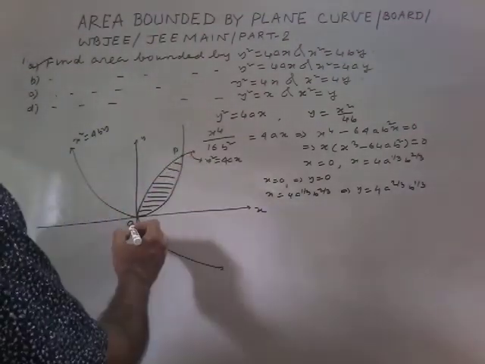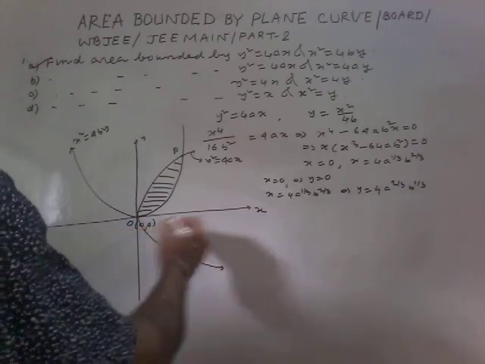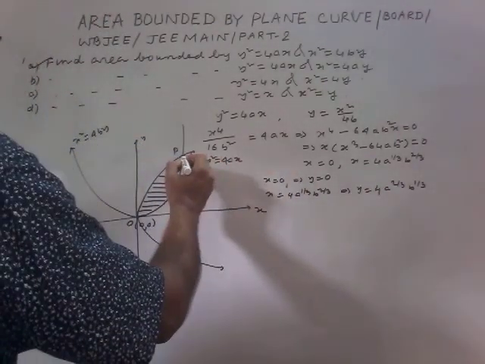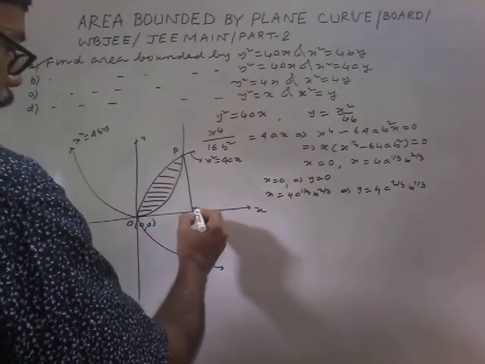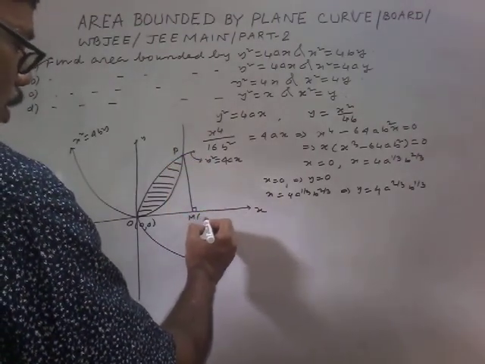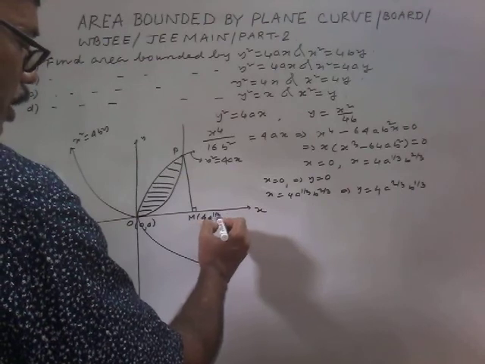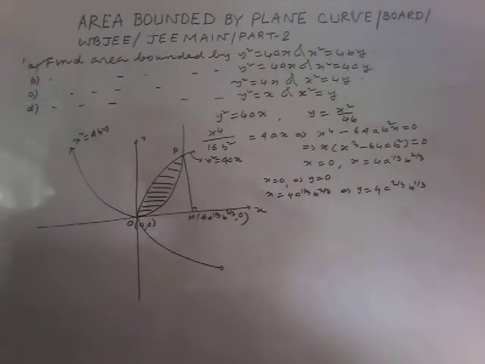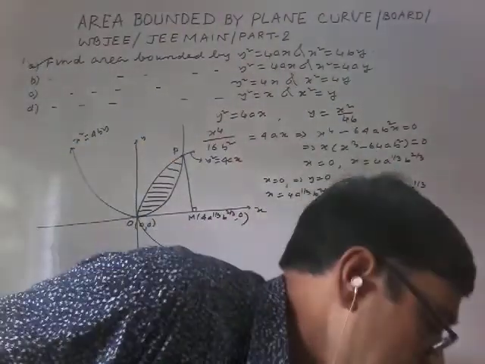So O is (0, 0) and P is (x, y). Draw PM perpendicular. So we need the value of x. So what is the area?